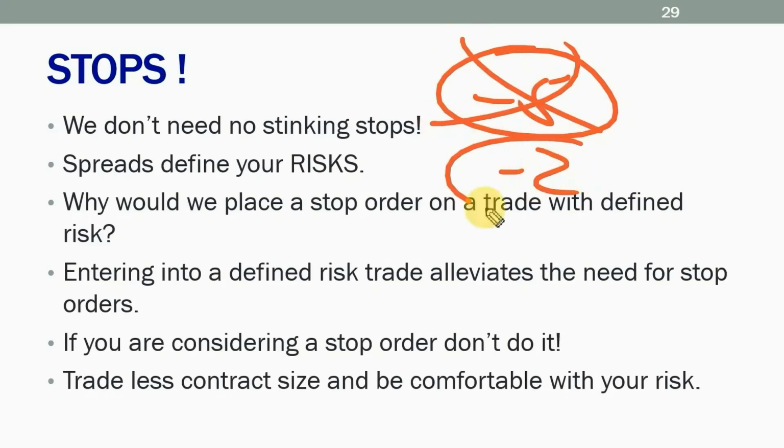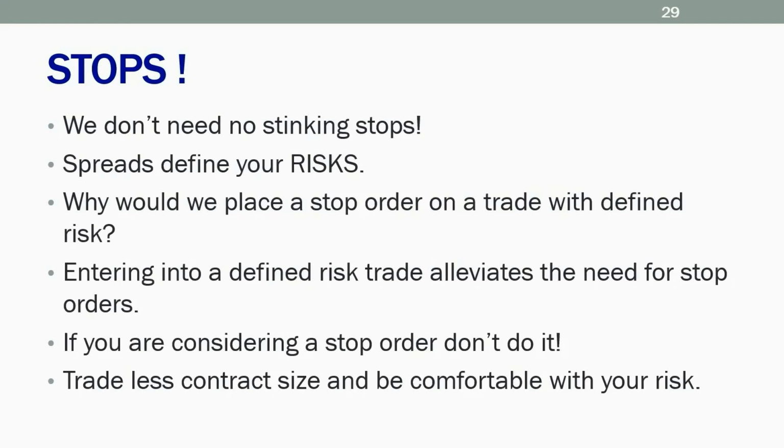Maybe then you should only allocate $2. Allocate what you're comfortable with, not what you're going to need a stop order on. That's one of the points that I have to hammer right now, because you're going to ask it later anyway. So entering into a defined risk trade alleviates the need for stop orders. If you're considering a stop order, don't do it, at least with spreads. Trade less contract size and be comfortable with your risk.